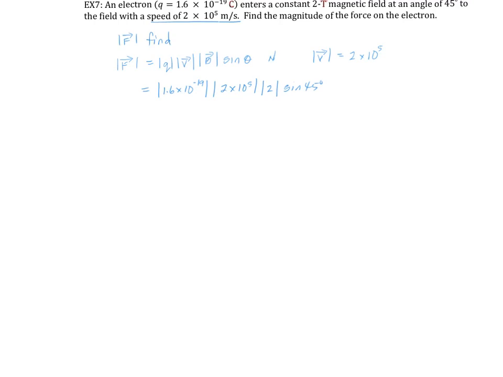If I was going to write this with 1 decimal place, it would be about 4.5 times 10 to the negative 14, and that would be newtons. So this is the magnitude of the force. And that's it for this section.